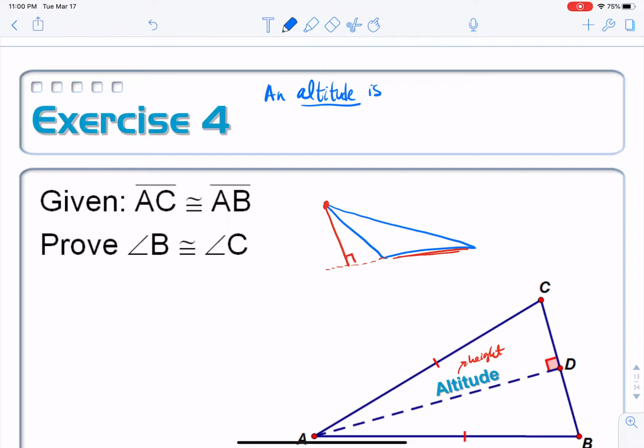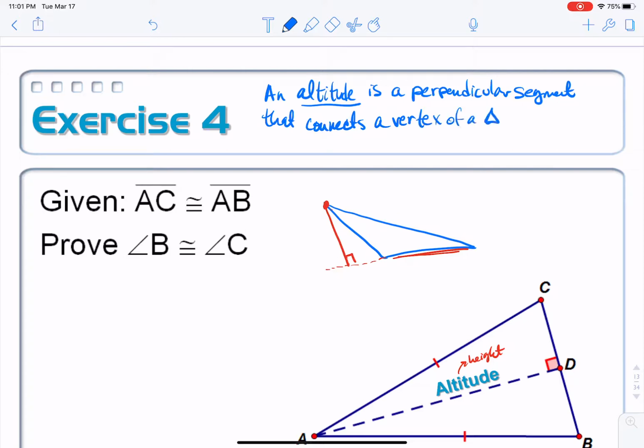An altitude is a perpendicular segment that connects a vertex of a triangle to the opposite side. All right, so as it sits, this definition doesn't take into account this obtuse triangle here. So I have to add this little extra bit in here: or a line containing that side.